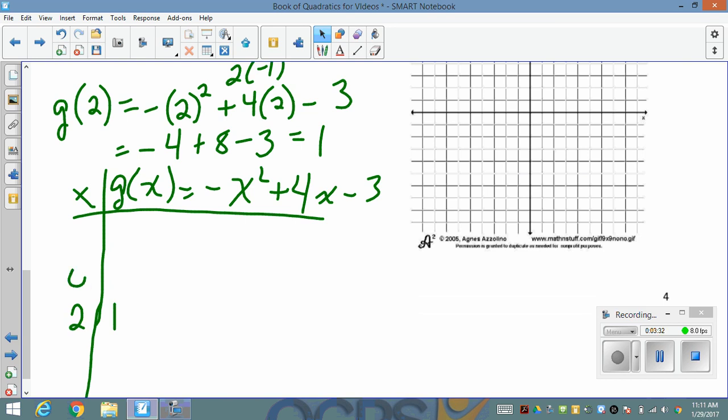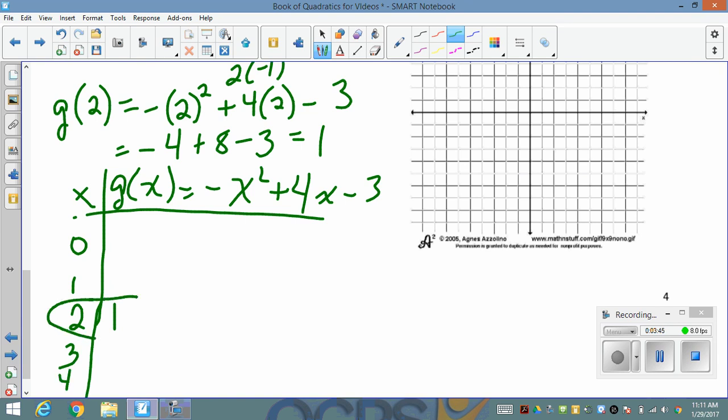I'm going to go down to 1 and then 0, and then up to 3 and 4. So my vertex is right in the center. I subtract 1, 2 minus 1 is 1, subtract 1 again, and then I go on the other side, add 1. That puts my vertex in the middle and gives me 2 points on either side.